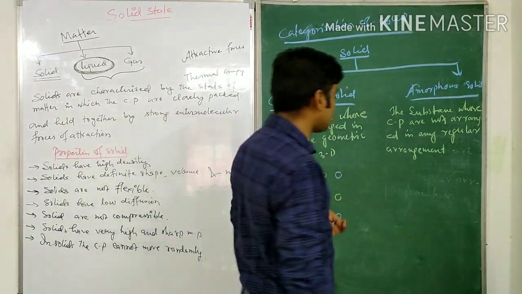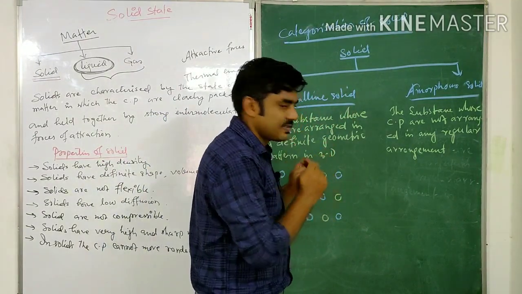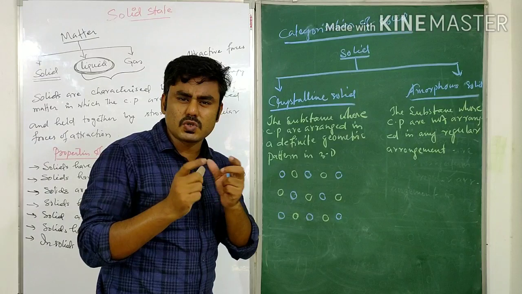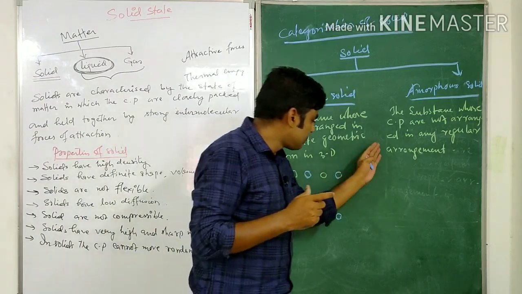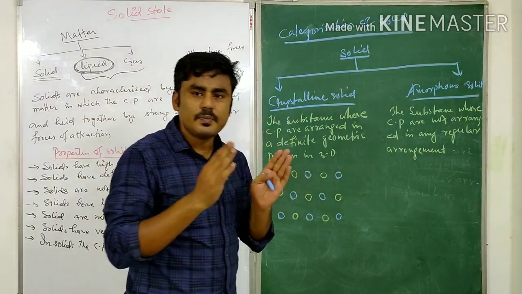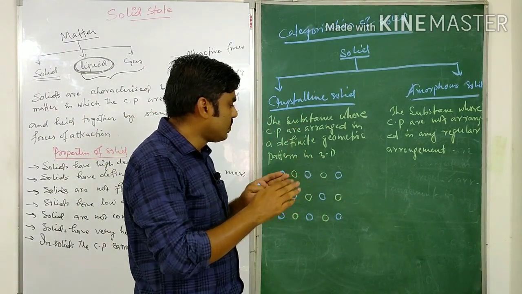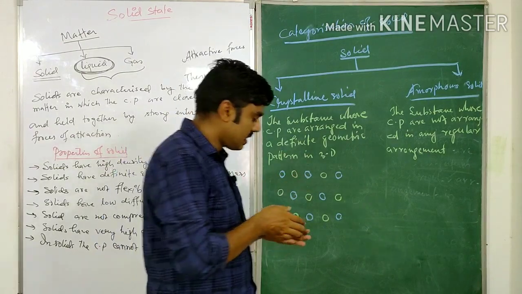But in the case of amorphous solids, there will be no pattern. A pattern may exist for short range only, but in these solids there will be no regular arrangement.